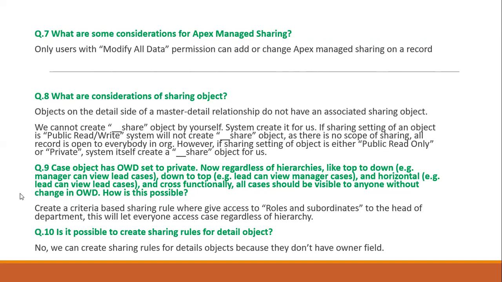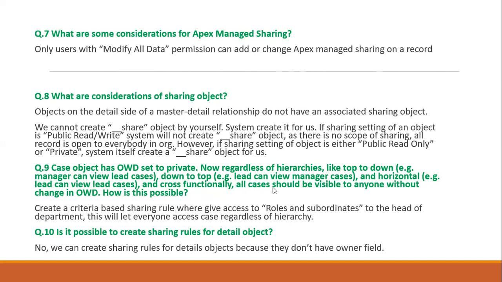Next question: a subject has one set of private OWD. Regardless of the hierarchies, like top to down, a manager can view leads and cases down to the top, leads can view manager cases, and horizontally leads can view leads and cases.